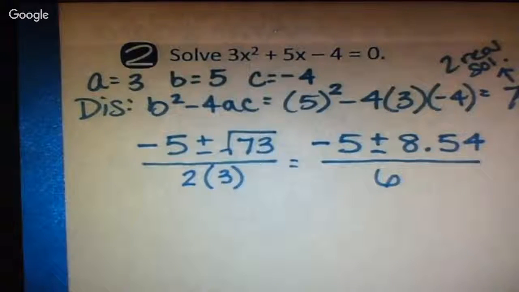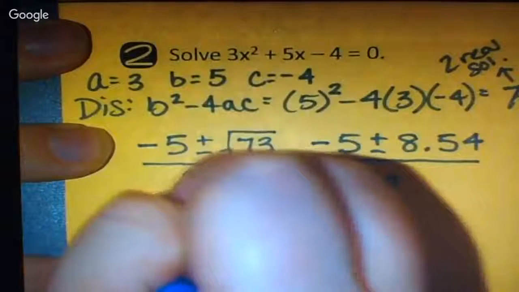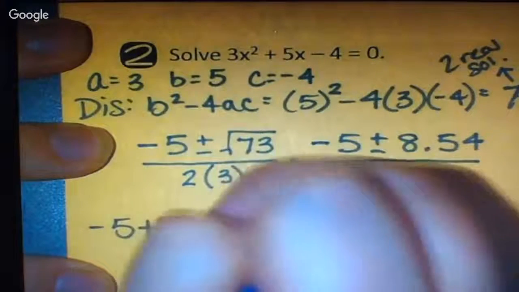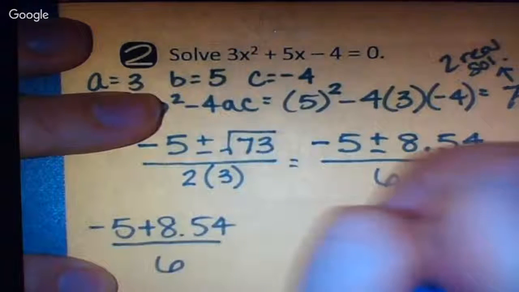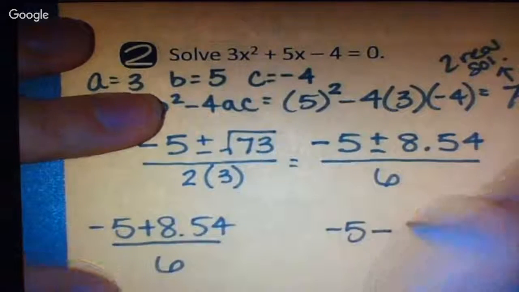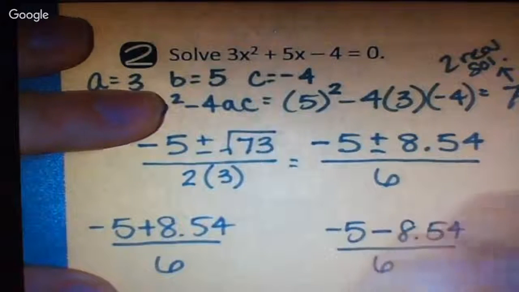Okay? So now that we have this, we split into our two answers. -5 plus 8.54 divided by 6 and -5 minus 8.54 divided by 6.